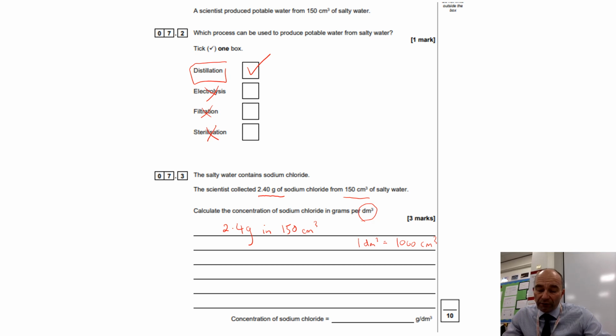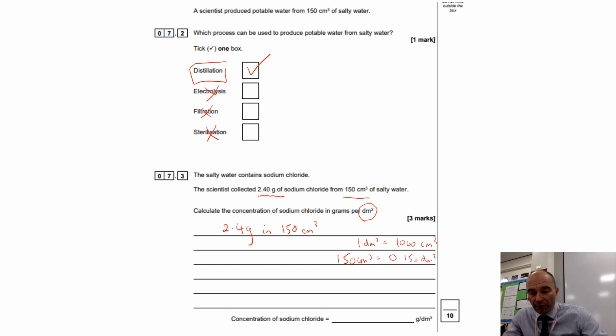This is where your prefixes come in handy. Deci is 10. 10 times 10 times 10 gives you 1,000. That's where the 1,000 cubic centimetres comes from. So to convert our 150 cubic centimetres into decimetres cubed, we need to divide by 1,000. So we end up with 0.150 decimetres cubed.